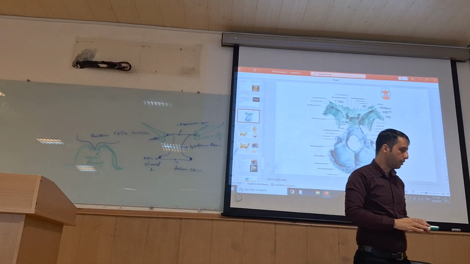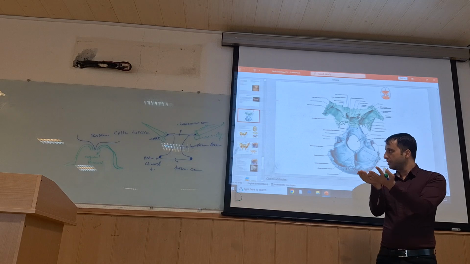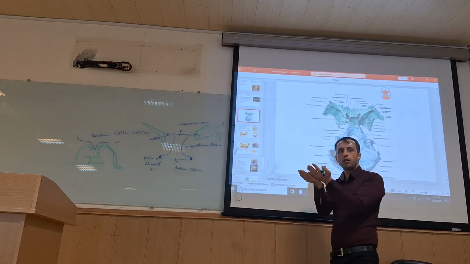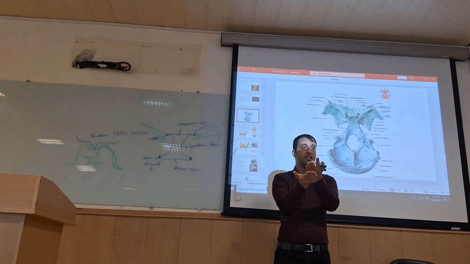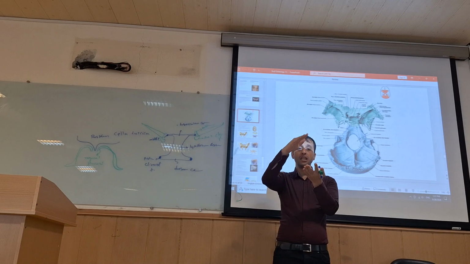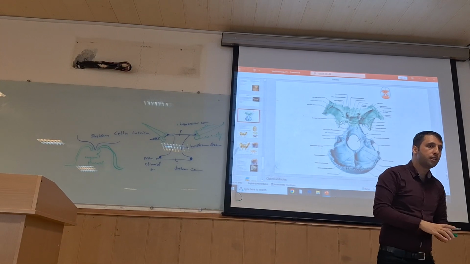The anterior clinoid process. The superior surface of the lesser wing makes some part of the anterior cranial fossa. The inferior surface of the lesser wing makes the superior border of the superior orbital fissure.